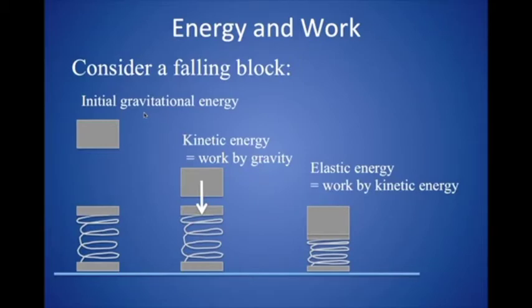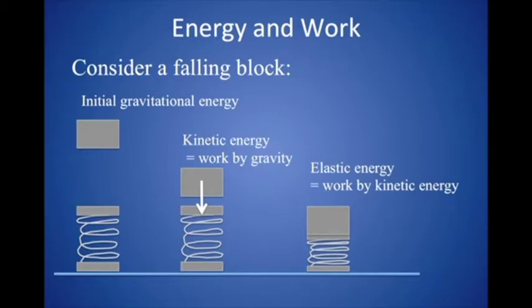Simple example here, if you think of a block falling on a spring, initially you have gravitational energy because you're up high at a certain altitude. As the object falls, that gravitational energy gets converted to kinetic energy, so it's energy of motion. Then if you compress the spring, all that energy gets converted to what we call elastic energy, stored in the spring.